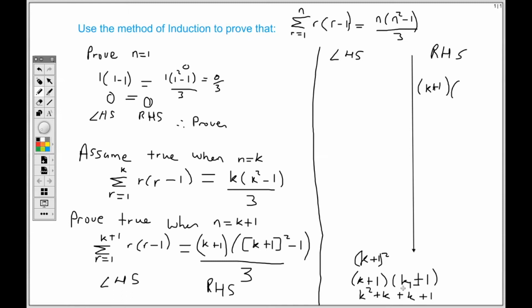So adding the middle terms, that would be k squared plus 2k. So (k plus 1) all squared is the same thing as k squared plus 2k plus 1, and then I would have my minus 1 beside it.